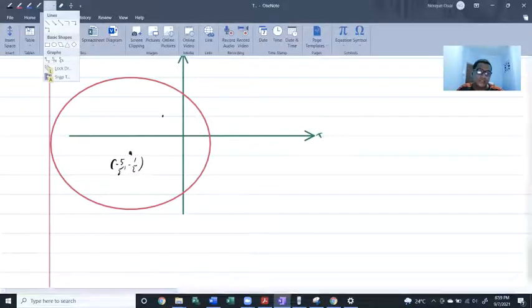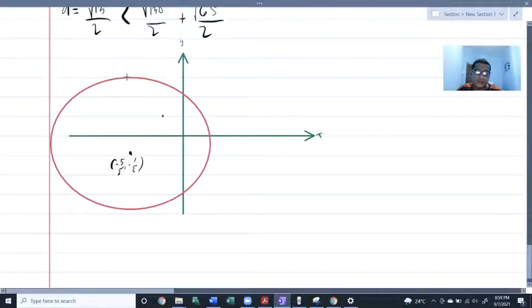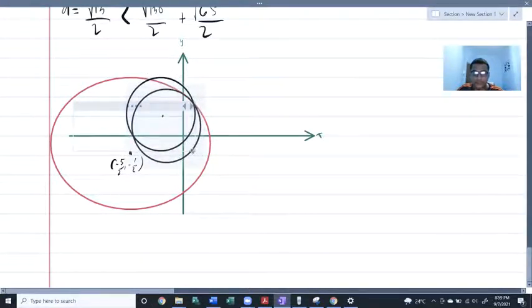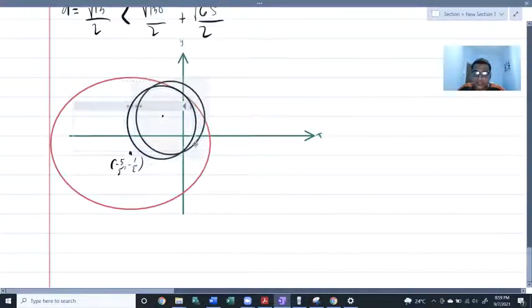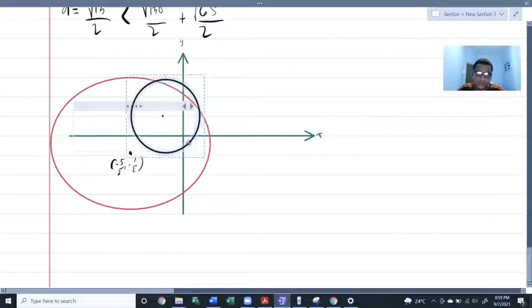But since the problem states that we need to find the points of intersection, we can assume in the first place that the two circles indeed intersect, right?